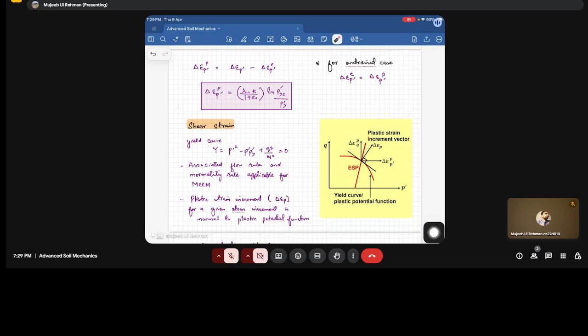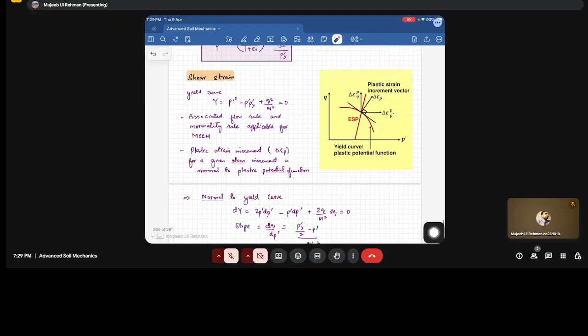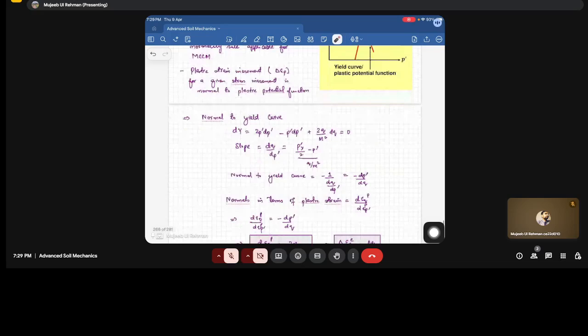We know that this modified Cam clay model follows the associated flow rule, which means that the yield surface curve corresponds to the plastic strain increment curve also. I mean, the plastic potential function will be the same as the yield curve. So if we differentiate that and get the normal on this curve, we will get the plastic strain.